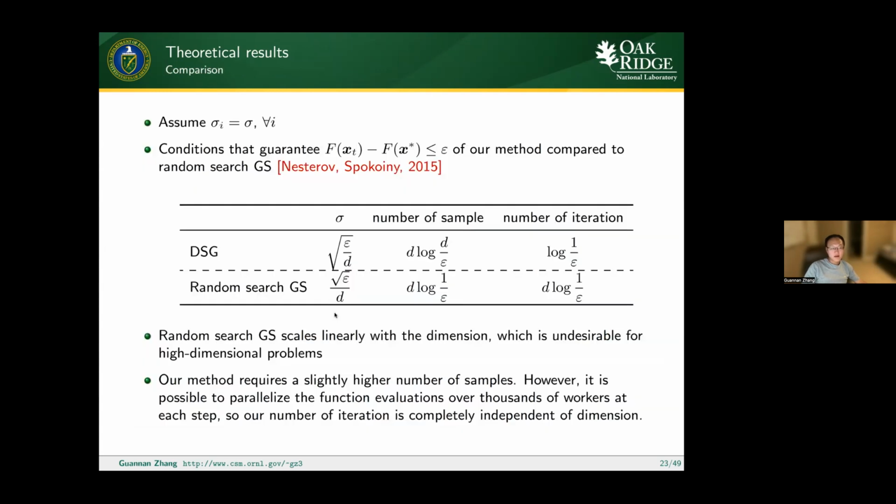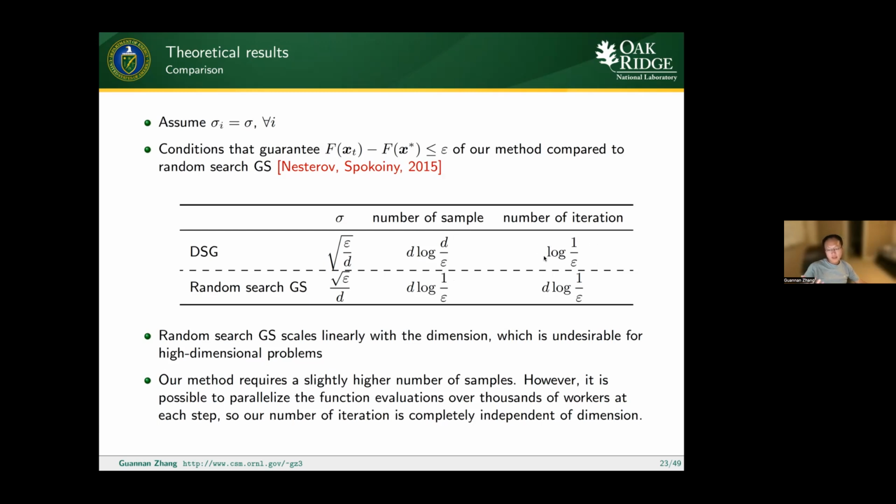And here is the comparison if we want the loss to be within an epsilon ball around the minimum loss function value. Our method requires this number of samples, whereas random search with Gaussian smoothing requires a much smaller number of samples, but the number of iterations required by our method is much smaller.